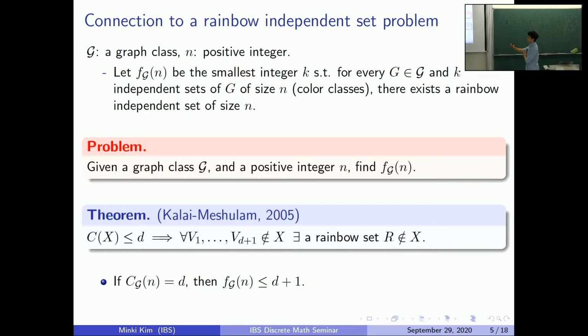So as a conclusion, it doesn't have to be disjoint. It can overlap.